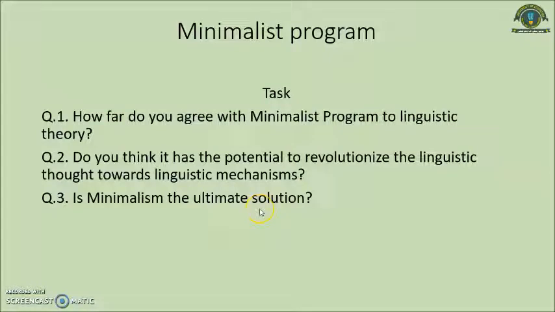And the third one is, is minimalism the ultimate solution? This question is quite open-ended. It implies that an ultimate solution is something that is going to solve our problems. What problems do we have? Again, those questions: how we can learn new languages, how we learned our languages, and how can we learn more.